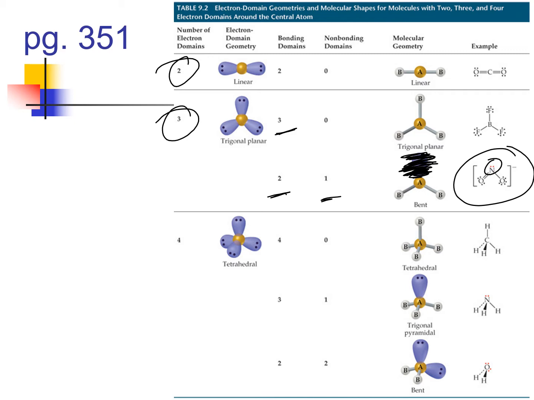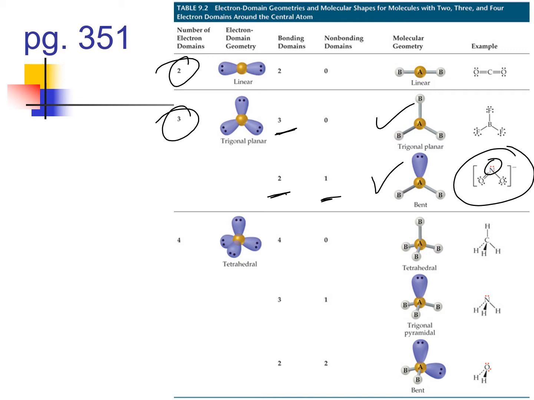Now, this is where the good news comes in, well, for you. If you are asked what is the approximate bond angle, the approximate bond angle stays the same within an electron domain geometry. So that means both this one and this one would have an approximate bond angle of 120. Notice I keep saying approximate, that's going to come into play in a bit.